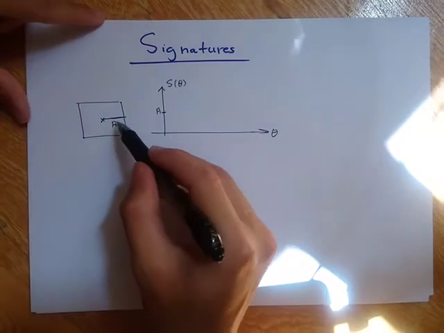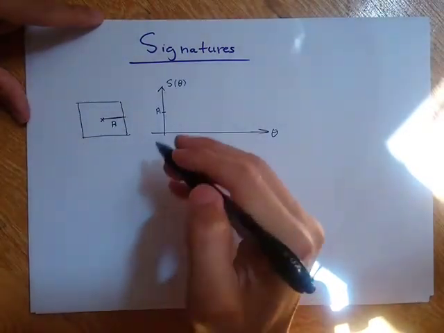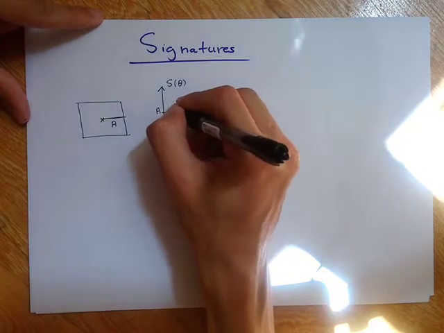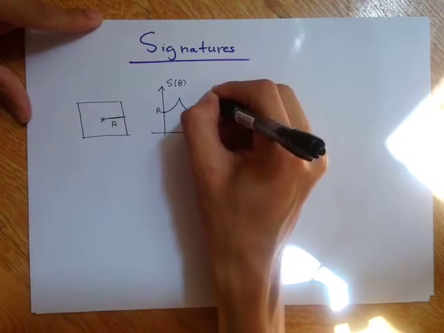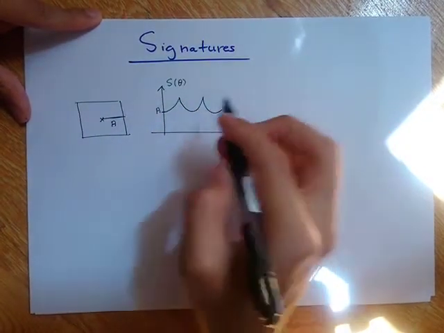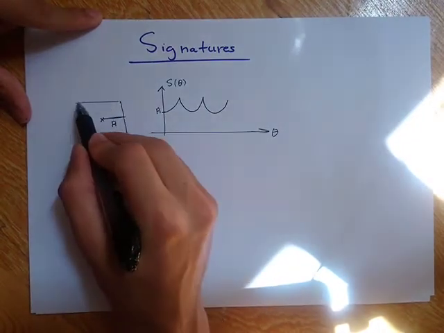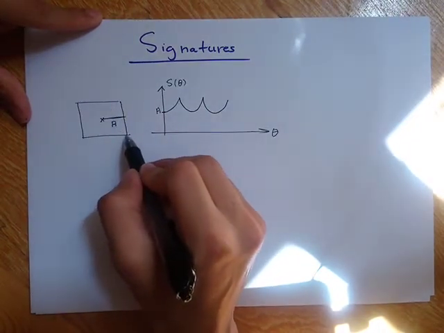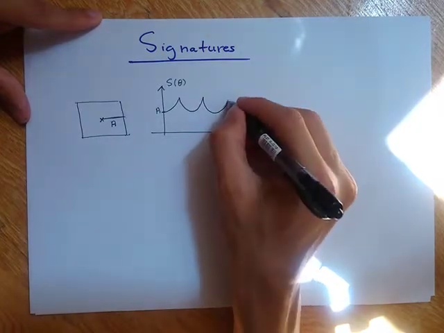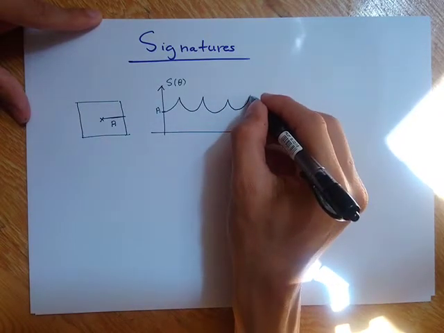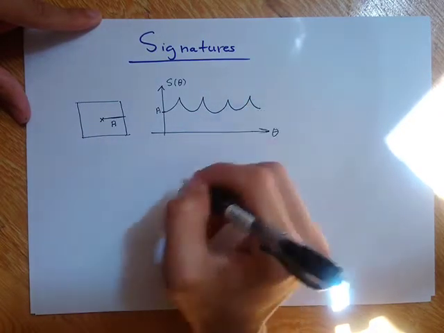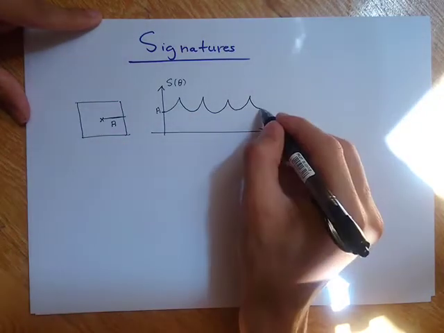And if I do that on the entire shape, of course, I would get something like that. So you have here 1, 2, 3, and 4 peaks. And then I go back to my minimum value.